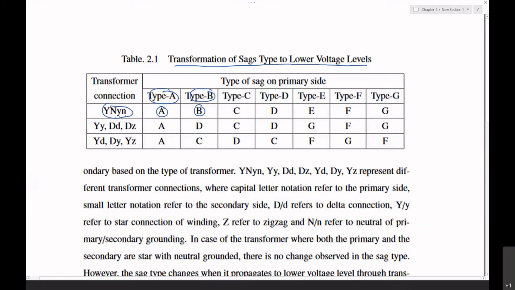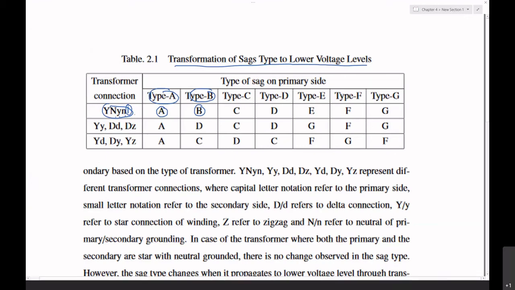I'm not sure about it. It is a YY, maybe it is 1 or 0 also. Please, you need to verify it also. YYN. And the type C sag, which is of C only.